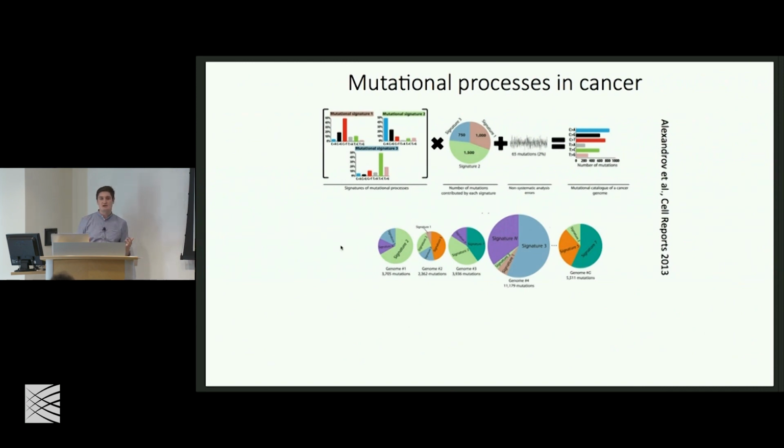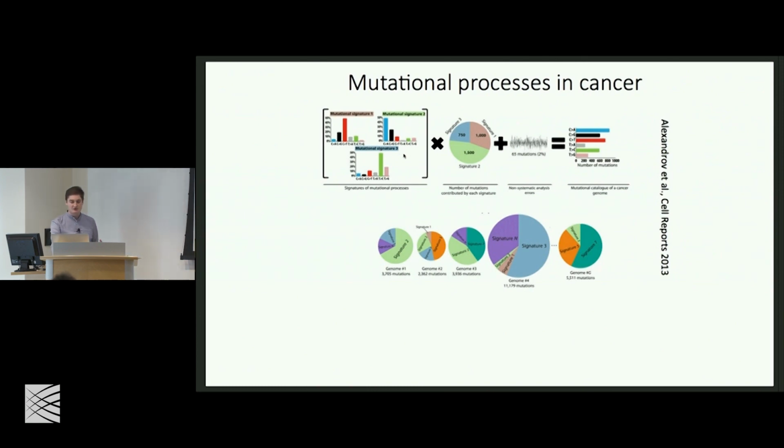The key here is that different samples usually have quite different contributions of mutational processes. We can use this differential exposure in different samples as a signal to extract the underlying mutational processes, if this model is correct.